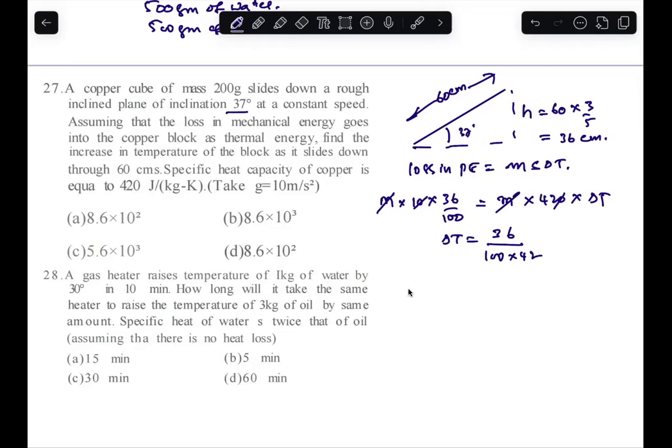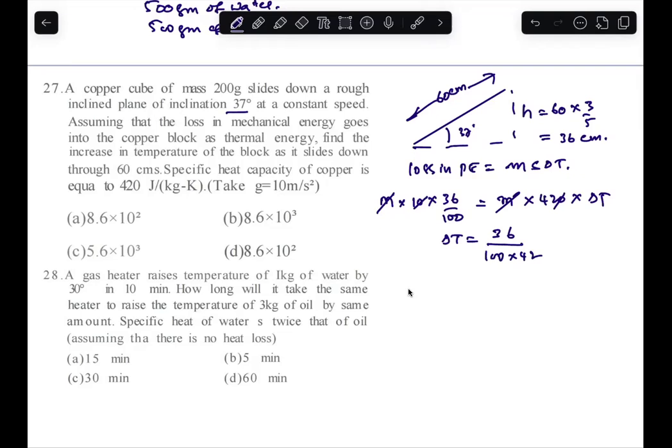How long? The power delivered by the arrangement is fixed. All depends on ms delta T. Same heater to raise the temperature. Now, what are changing here? 3 kg oil, 1 kg water. Specific heat is also given. Power is a constant. So, T1 by T2 is M1 by M2 times S1 by S2.